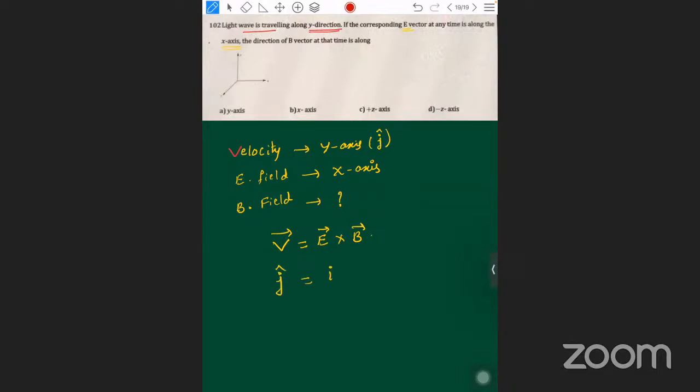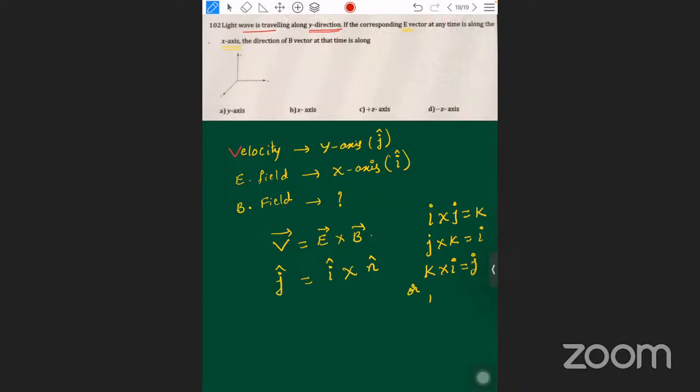Electric field is acting along the x-axis, so it should be i cap, crossed with B vector, we don't know, let it be n cap. Now you know the simple formula: i cross j is equal to k. j cross k is equal to i. k cross i is equal to j.